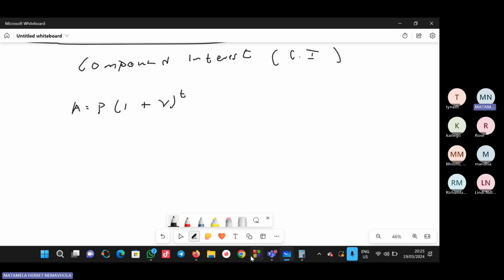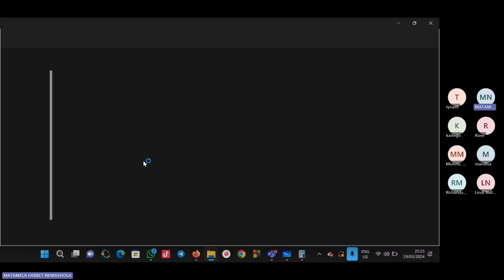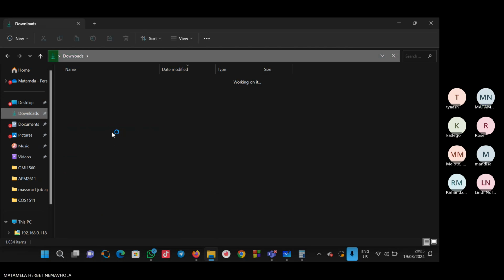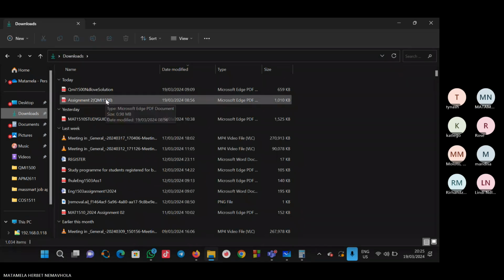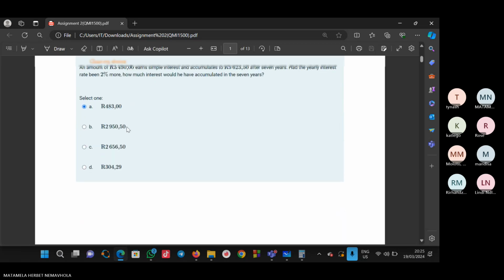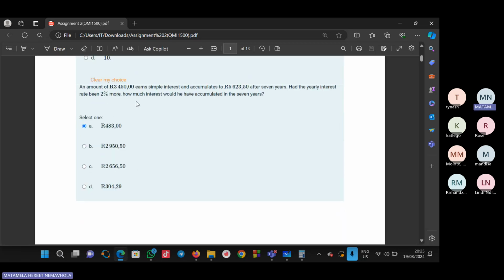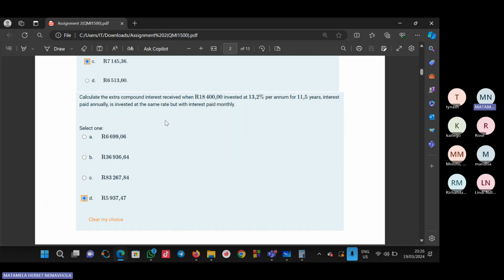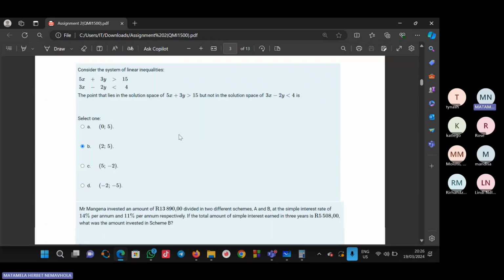When you work with compound interest, there are some things that I want to show. Let me open one of the documents. I just want to use one of the questions that I have here with me. This one I already showed you how you do it. This one is not the same. I just want a simple question.